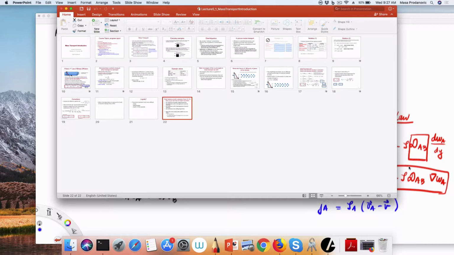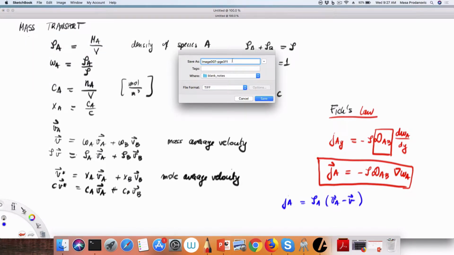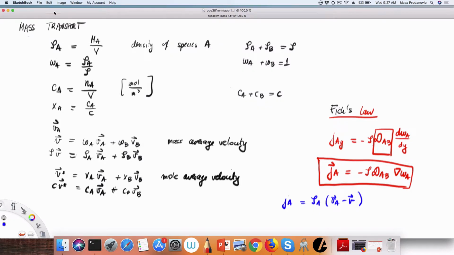Back to a little bit of writing. So my macroscopic equations of change for a multi-component system.